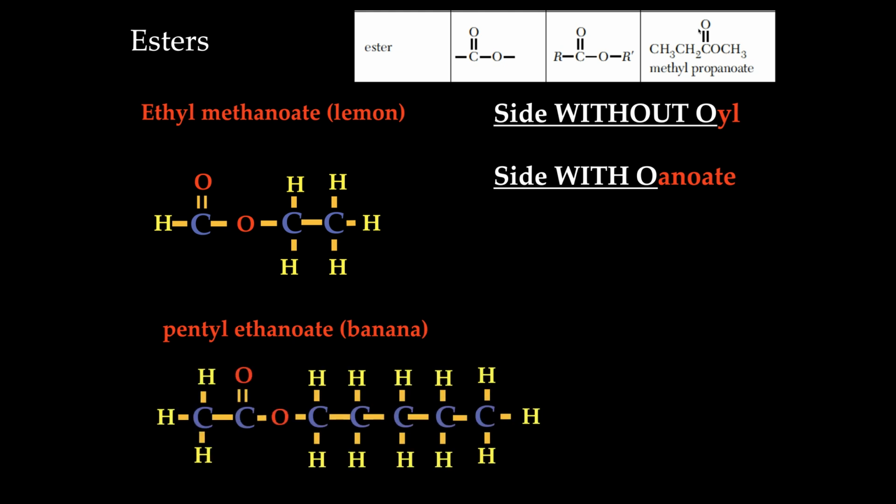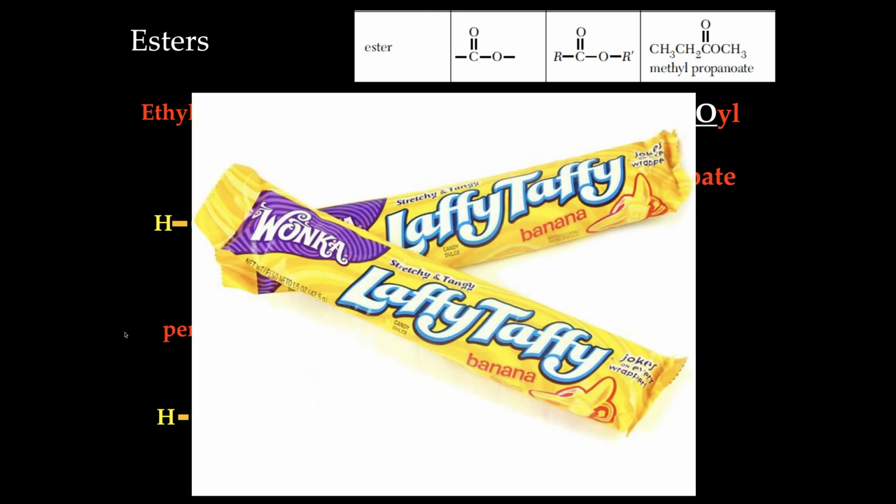This is the ethanoate part. So again, the part that has the oxygen, double bonded oxygen, gets the O part of the name. Pentyl, 5 carbons, ethanoate. By the way, this is also known as artificial banana flavor. Pentyl ethanoate is given off by overripe bananas.